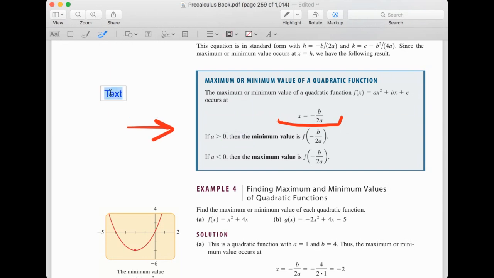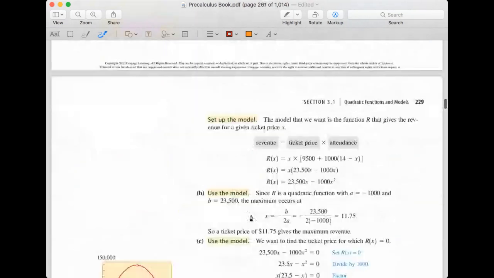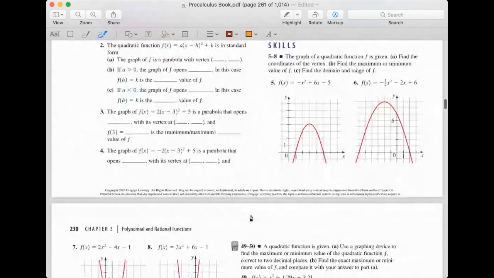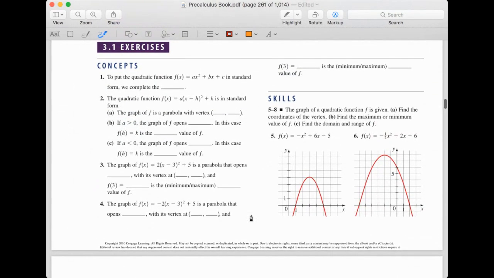I'm going to give you some homework. Next class, we'll talk about this. So today, let's try completing the square and use that to graph our functions. This is section 3.1, homework 4.